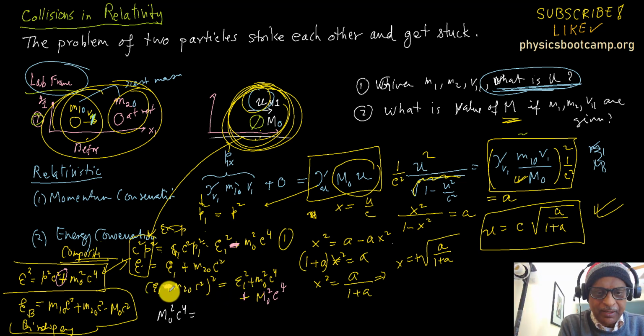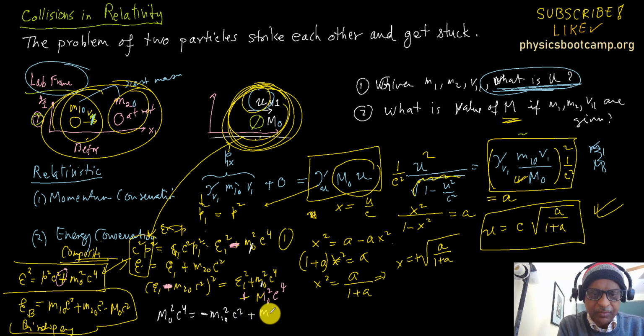I will get m10 squared, and when this goes on the other side it becomes minus m10 squared C to the power 4, and then a plus m20 squared C to the power 4.